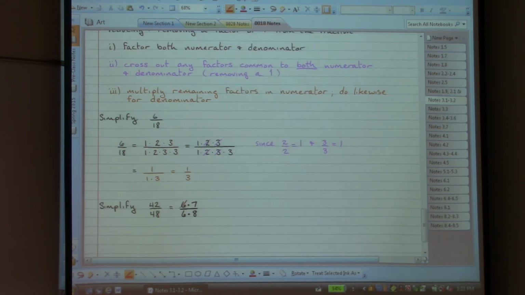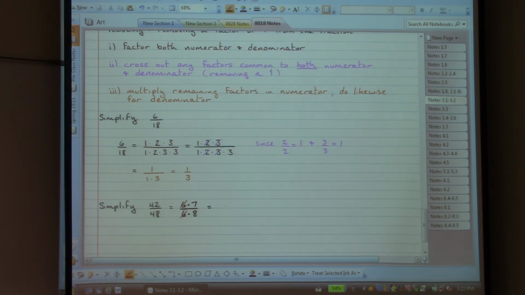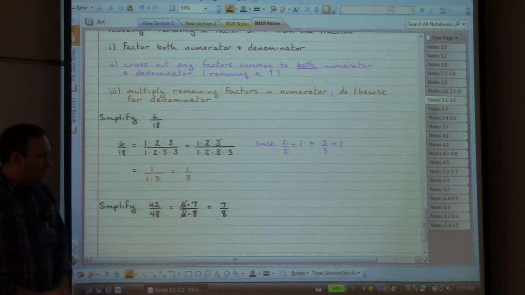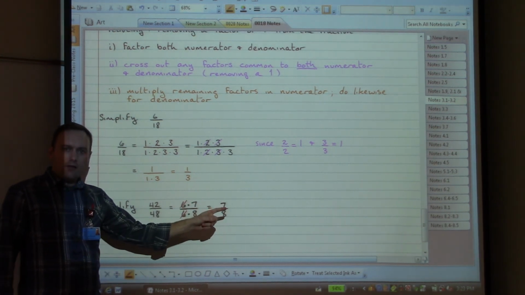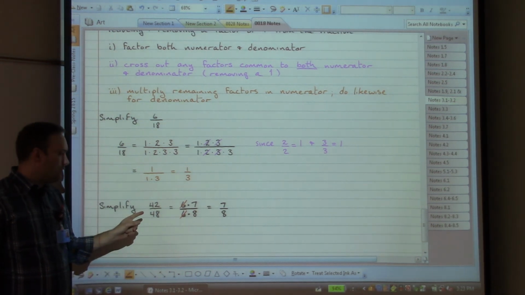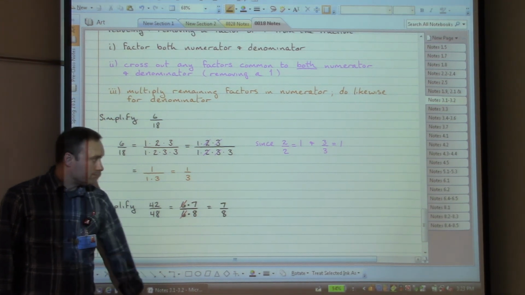So we can go ahead and slash out the 6 on the top with the 6 on the bottom to leave us with the fraction 7 over 8. Just to play it safe, any other numbers that will go into both a 7 and an 8? No way. So that would be my final answer. The reduced version of 42 over 48 is 7 over 8.